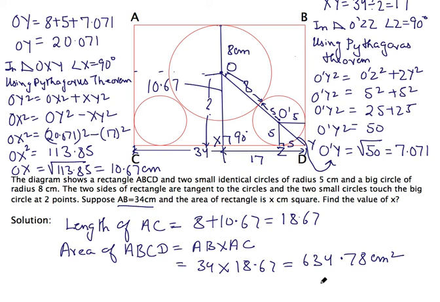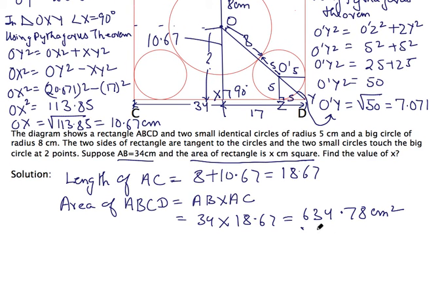And we know that they have said that the area of the rectangle is x cm square. So what's the value of x? This x is equal to 634.78. So now we found the value of x.